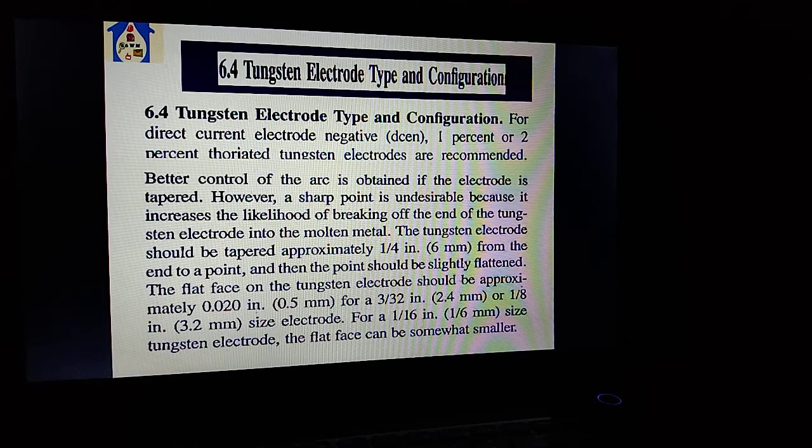The tungsten electrode should be tapered approximately 6 mm from the end of the point.